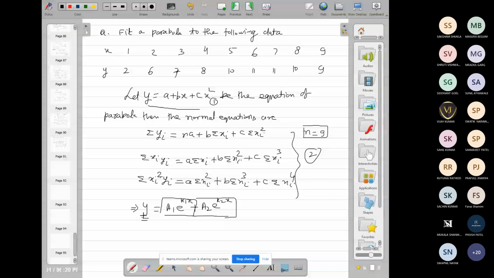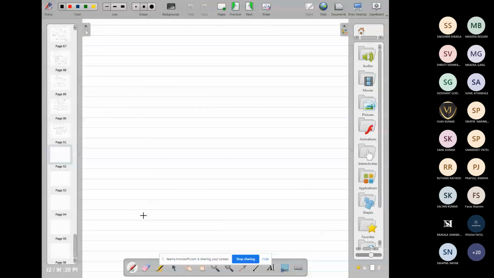The next topic is approximation of function. Approximation of function is used in the development of many important software.